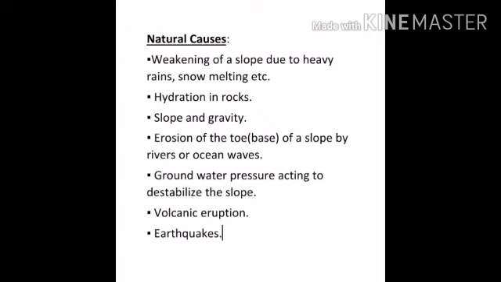Landslides occur during the rainy season or a month or two after the rainy season. Due to the rainfall, the rainwater filters down the rocks. Thus, rock is hydrated, its weight is increased, and due to the gravitational pull on the steep slopes, major or minor parts of land slip down. The next, hydration in rocks.